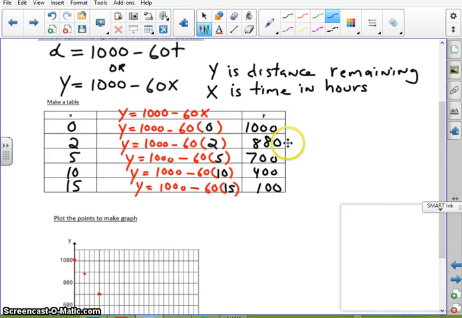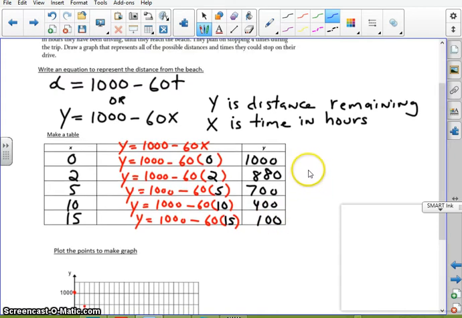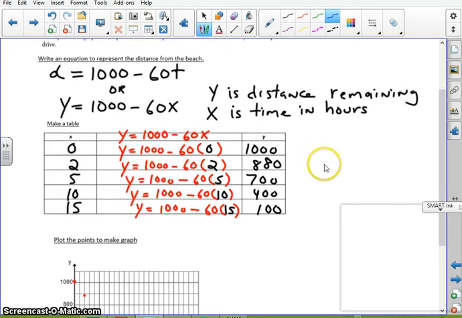After 2 hours, I've driven 60 times 2, which is 120 miles, so I now only have 880 miles remaining. After 5 hours, I have 700. After 10 hours, 400. After 15, I only have 100 miles remaining. Those are my ordered pairs, my solution set: 0, 1,000; 2, 880; 5, 700; 10, 400; and 15, 100.